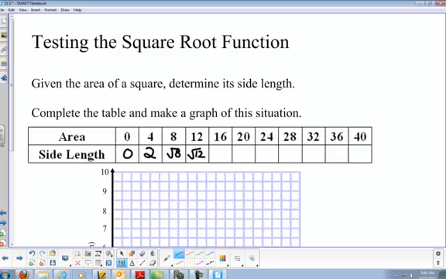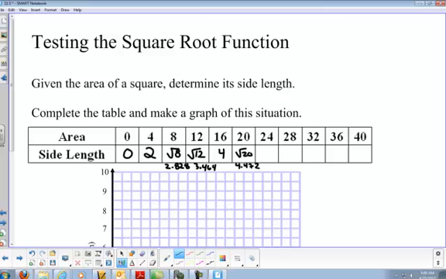And if you want to put these as decimals, since we're going to be graphing it in just a second, the square root of 8 is 2.828. And the square root of 12 is 3.464. The square root of 16 is 4. The square root of 20 is 4.472.